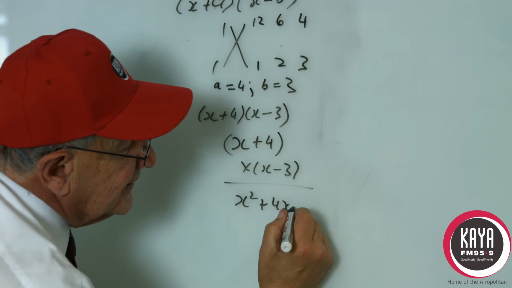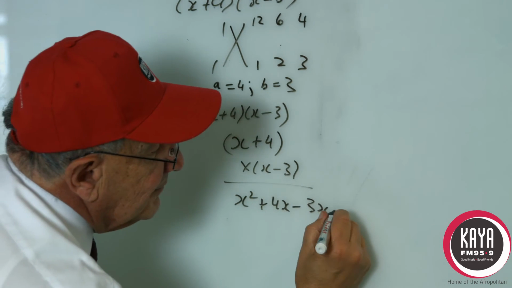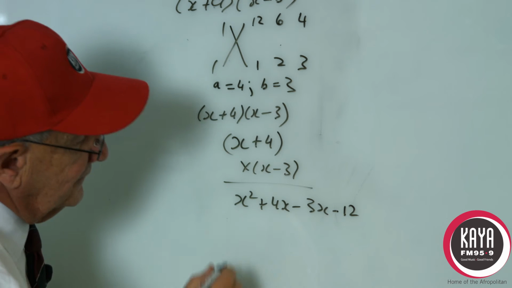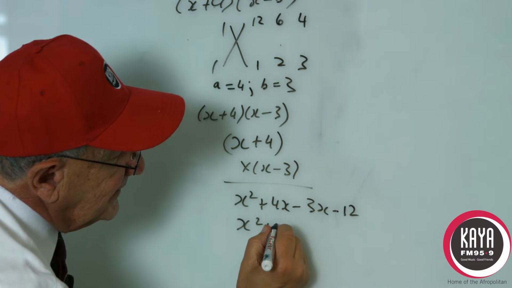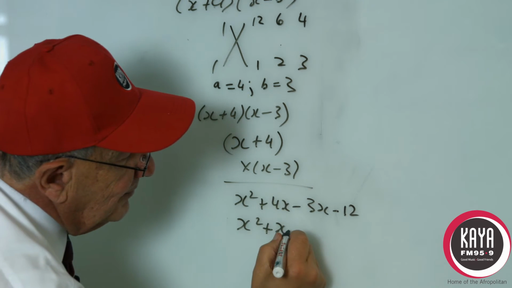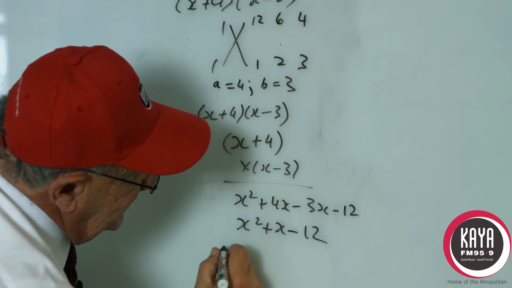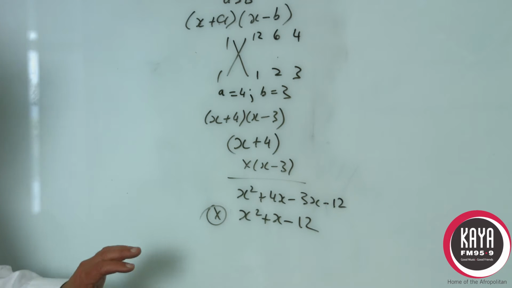Minus 3 times x is minus 3x. And minus times a plus is a minus, and that gives us 12. Therefore, we've got x squared plus x, the difference between 4x and 3x, minus 12. And this is our cross-check showing us that the answer is correct.